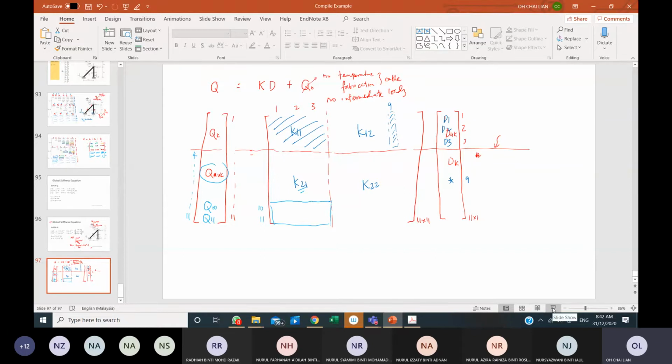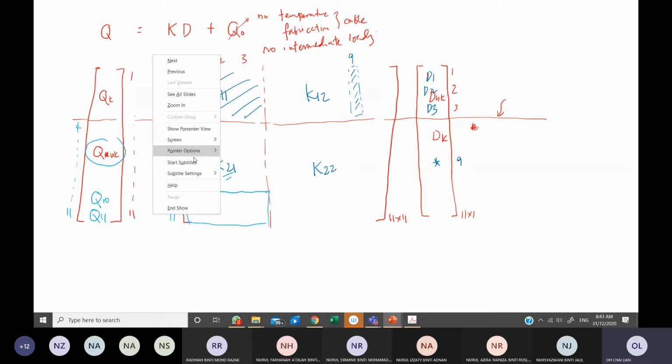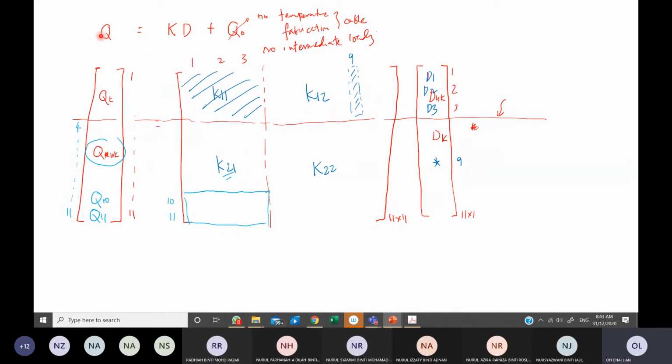I think I have explained this before to you. Before we write down everything, this must be very clear in our mind. In the stiffness equation, we have Q equal to KD for this problem. Q is the vector of the support reactions or nodal loading, which can be partitioned into the known value QK and unknown value QUK.